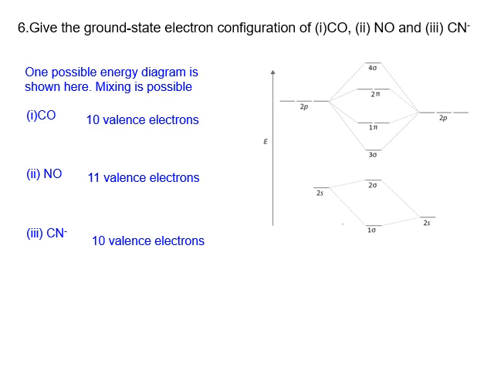Question number 6. Give the ground state electron configuration of CO, NO, and CN-. So note that these are heteronuclear diatomic molecules, and the energy diagram is similar to that of homonuclear diatomic molecules.